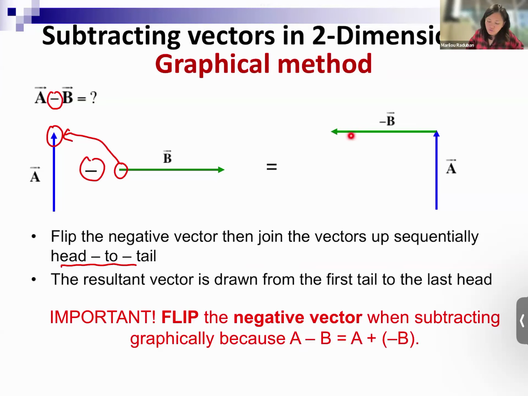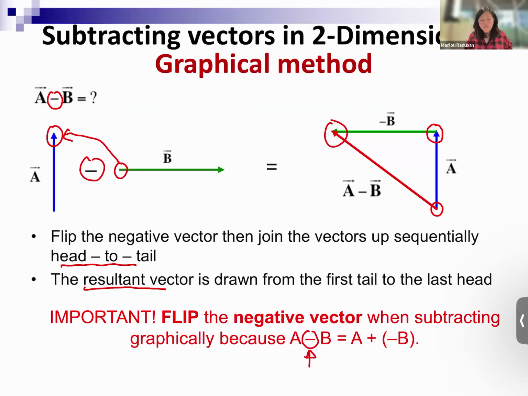Hence, the direction of vector B is flipped here, but notice how the tail of vector B links with the head of vector A. It's only the direction of vector B that's flipped. And the resultant vector is drawn from the tail of the first vector to the head of the last vector. So you only flip if you are subtracting vectors.